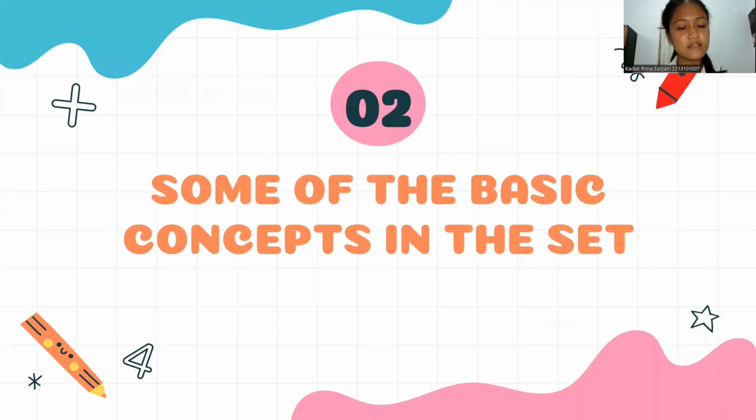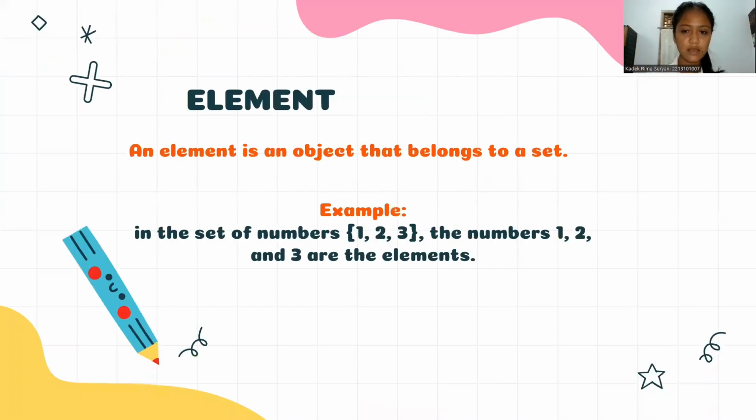Okay, for the next material, some basic concepts in sets. Number 1 is elements. What are elements? An element is an object that belongs to a set. For example, in the set with curly braces 1, 2, 3, the numbers 1, 2, and 3 are the elements. You get it?